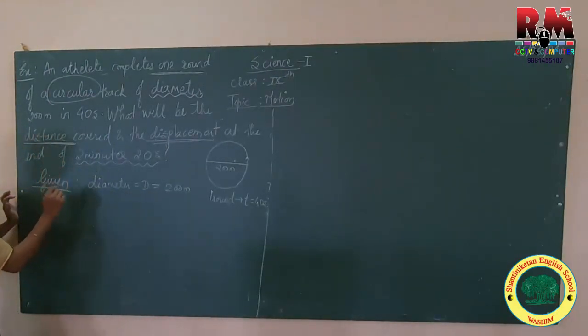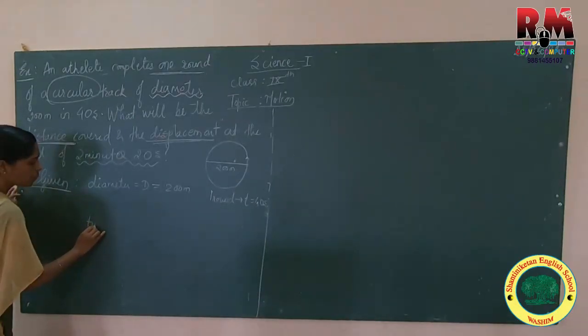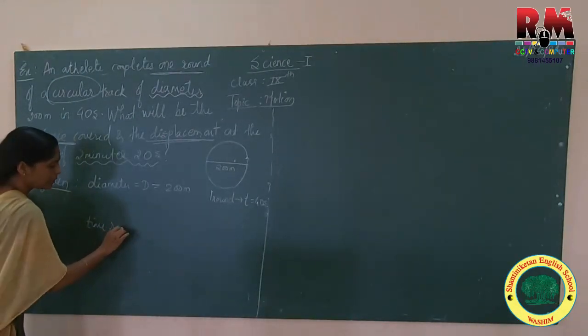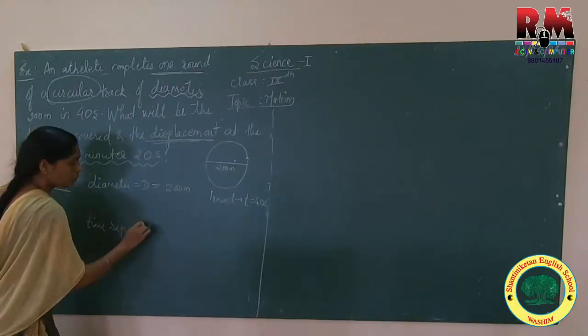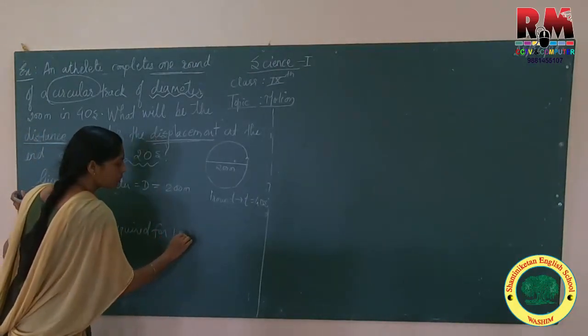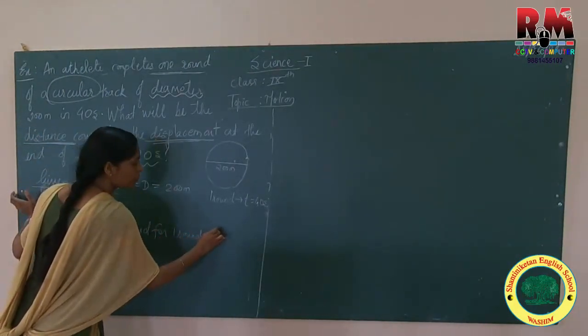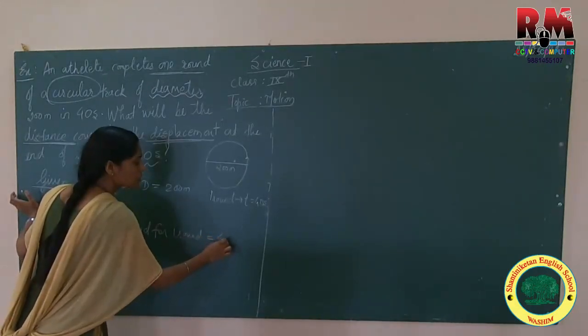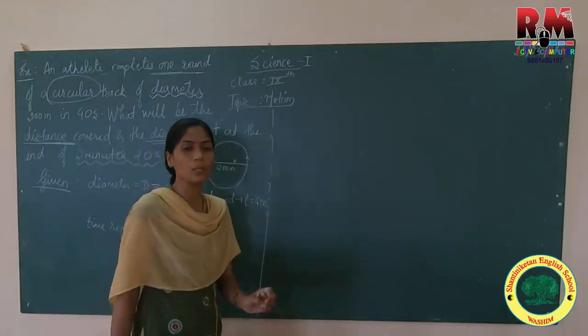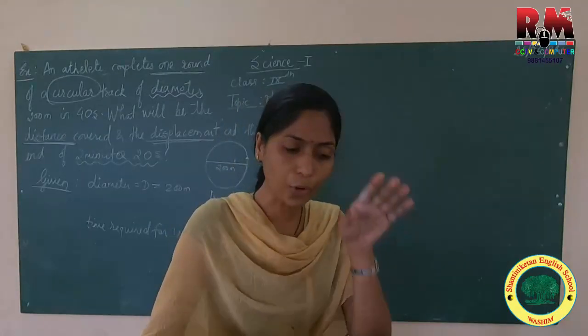Okay, then time required for one round is given, 40 seconds. How much time does it require? Time for one round is 40 seconds.